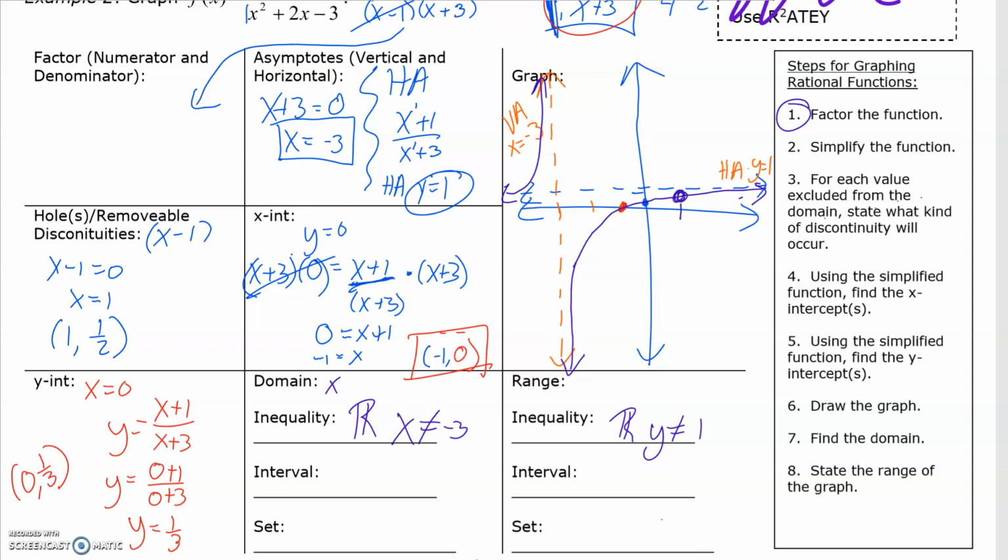With your pen or pencil, this is open, not solid at all. That means we cannot include those values, and that's going to change our domain. Our domain is also going to include that x can't be -3 or -1. Our range is going to exclude 1 and 1/2, based off of our values here.